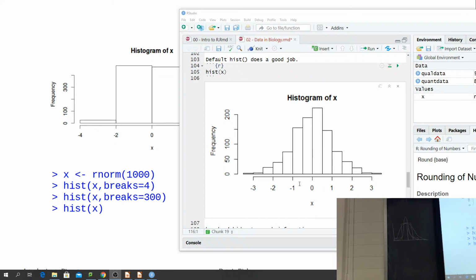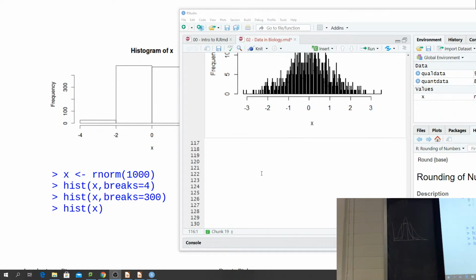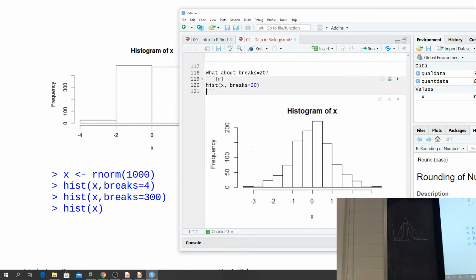So if we say I'd like a few more, go ahead and try a few more. We start at maybe breaks equals 10. Let's try breaks equals 20 and see what that looks like. Hist x. It looks like that didn't change.